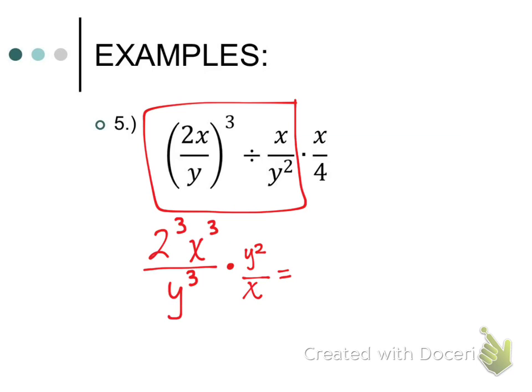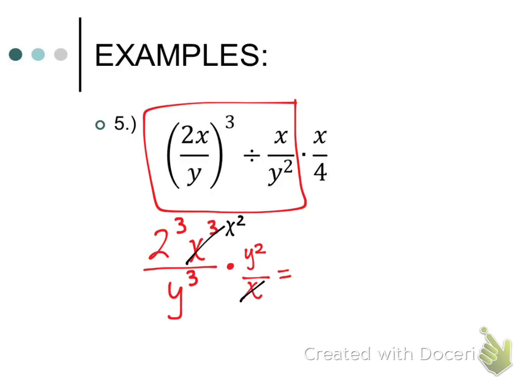Tariana, what's something that can cancel or reduce? The x's. So what am I left with? X squared in the top or the bottom? The top. X squared in the top.